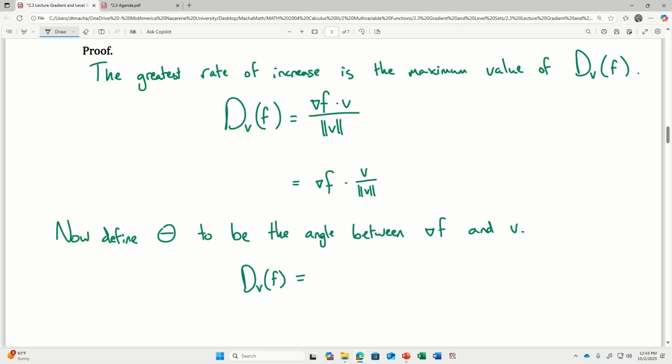I know that the dot product between the gradient of f and that unit direction vector v is going to be the same thing as the norm of the gradient times the norm of this vector times cosine theta.